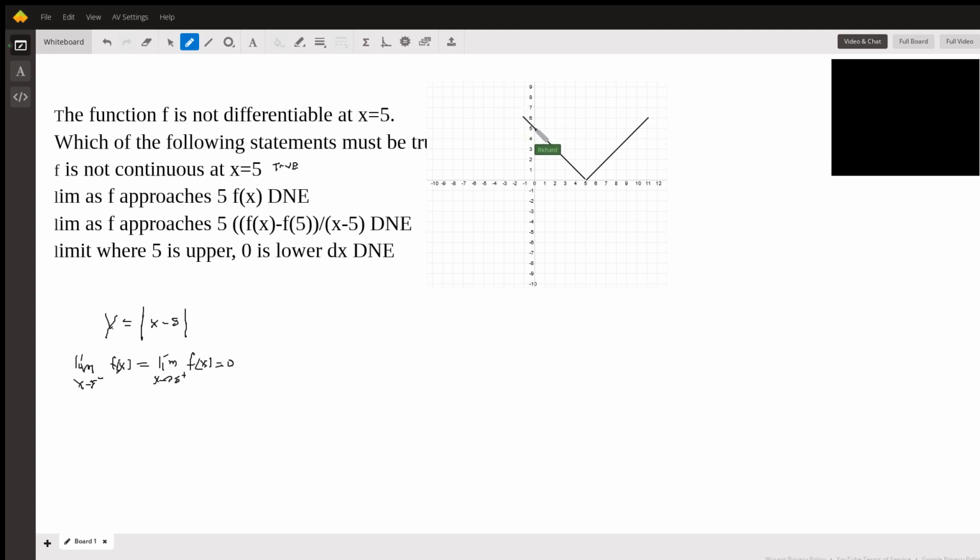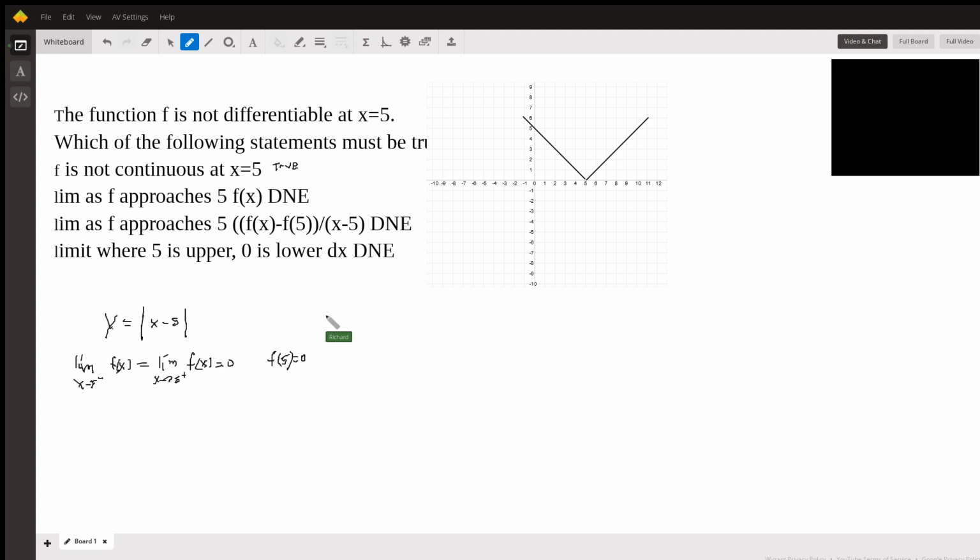As we approach from the left, you can see you're getting closer and closer to 0. As you approach from the right, you see the function is getting closer and closer to 0. And the third requirement is that f of 5 be 0, which it is. And so this is continuous at 5.